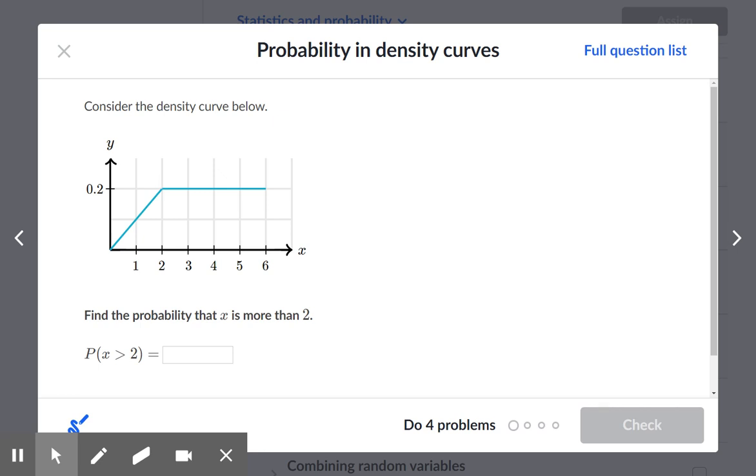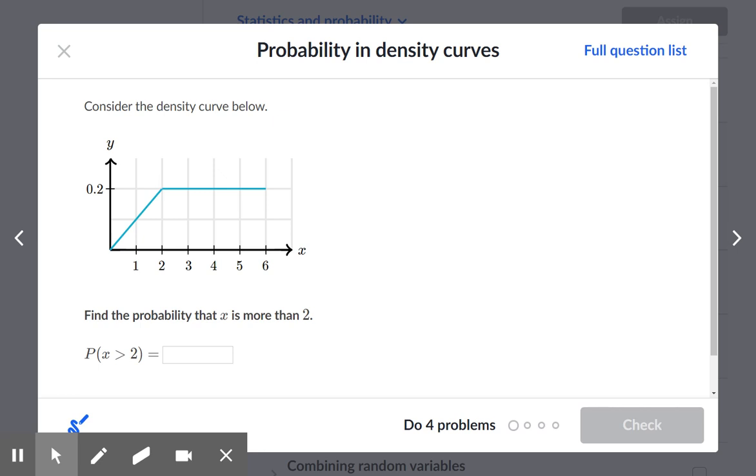The width, or height, right here is 0.2. And so 4 times 0.2 is 0.8. That looks about right. So the answer here is 0.8. That's the probability. Probability has the same meaning as area under the curve.